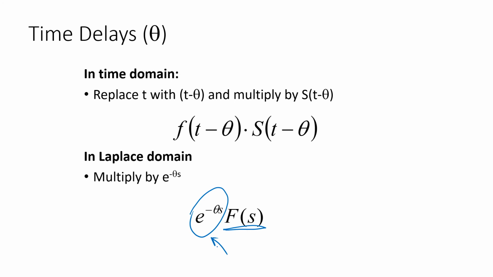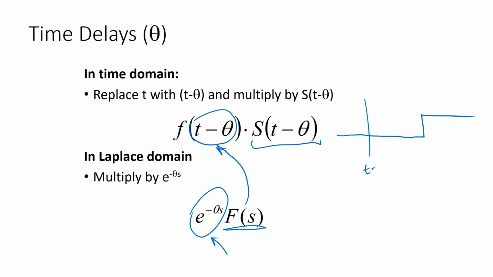But to go back to the time domain, all you do is transfer that back as you normally would without the time delay, and then everywhere you see time, you substitute time minus the time delay, and also multiply by this step function that goes from 0 to 1.